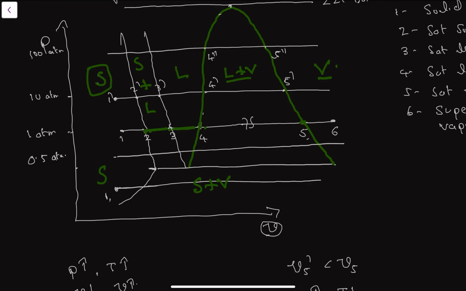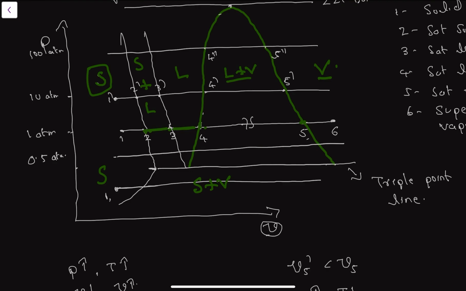This happens when you heat it below a particular pressure, and this line is called the triple point line. This is not a state, this is a triple point line. That means for a triple point corresponding to this you have a pressure.